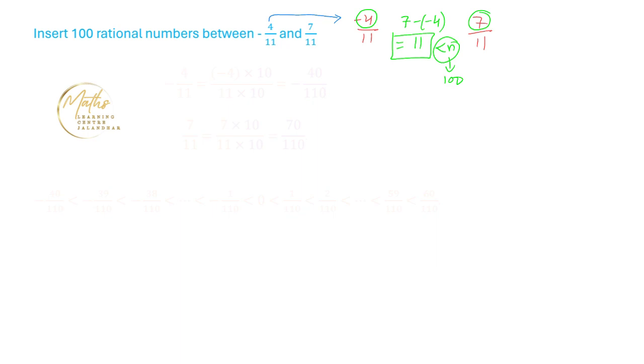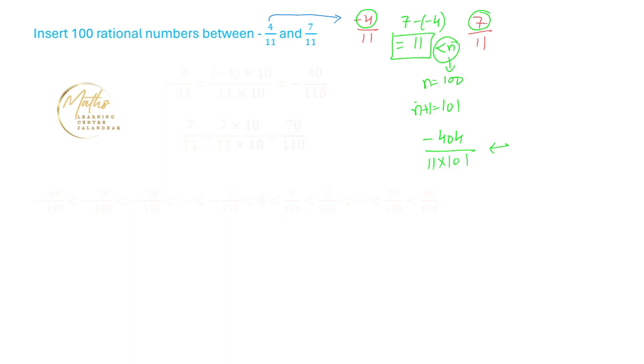Suppose we multiply the numerator and denominator with the number 10. One thing you can do is multiply the numerator and denominator with 101, since we have n equal to 100. Then what will happen over here? We will get minus 404 by 11 into 101.